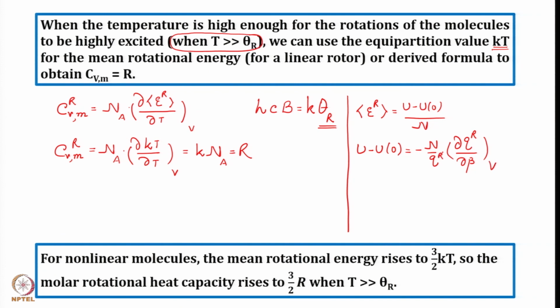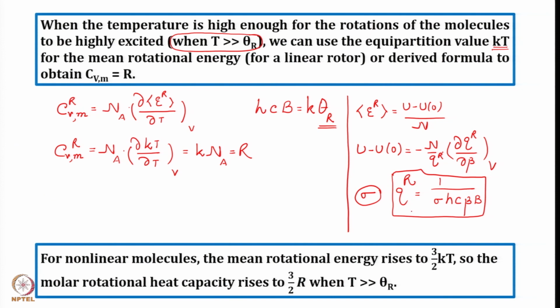And if the temperature is much higher than the rotational temperature, then for a linear rotor, with sigma the symmetry number, QR is equal to 1 upon sigma hcB beta.